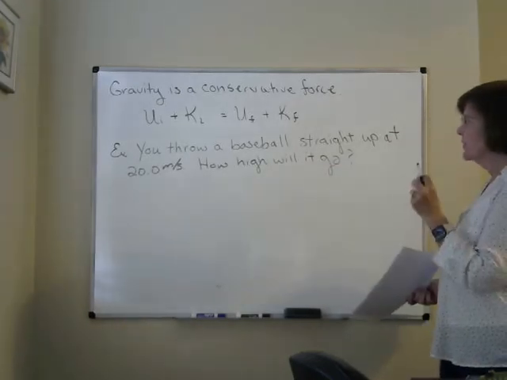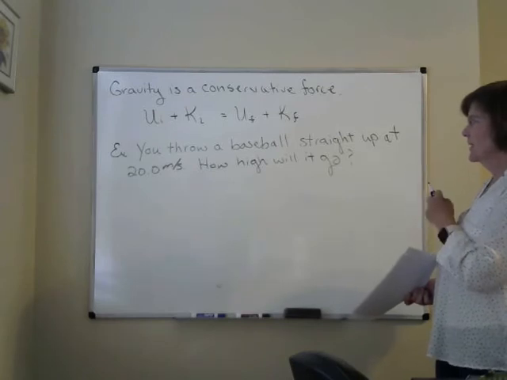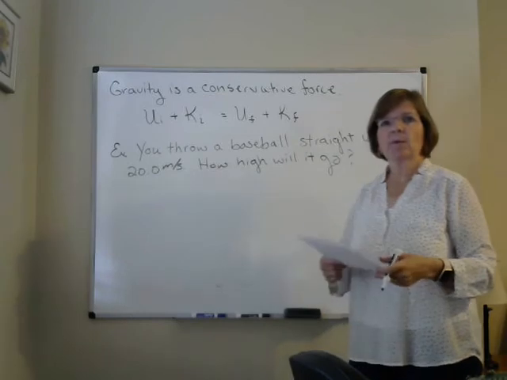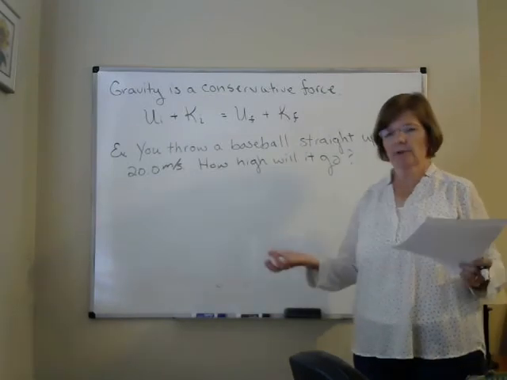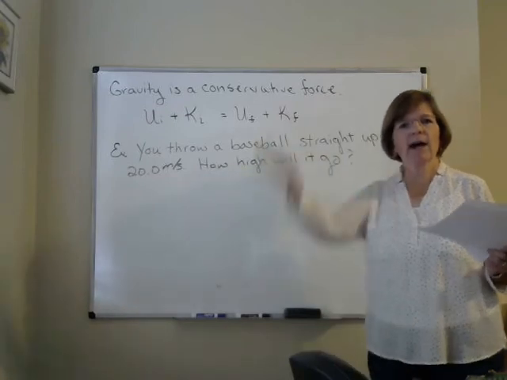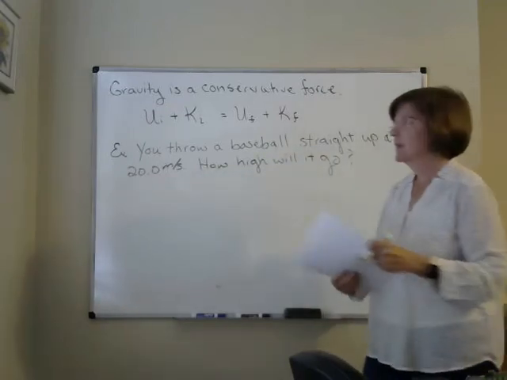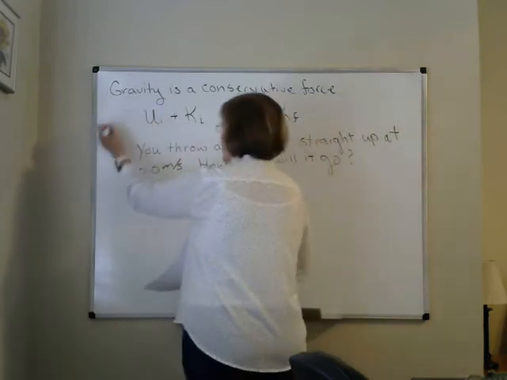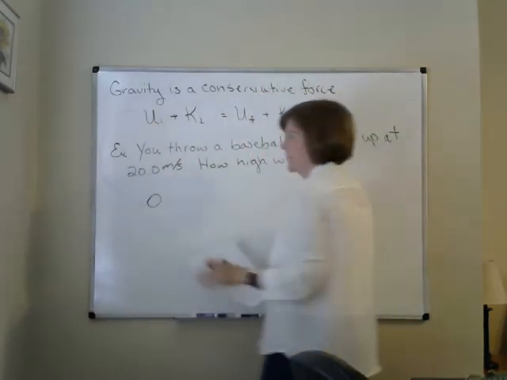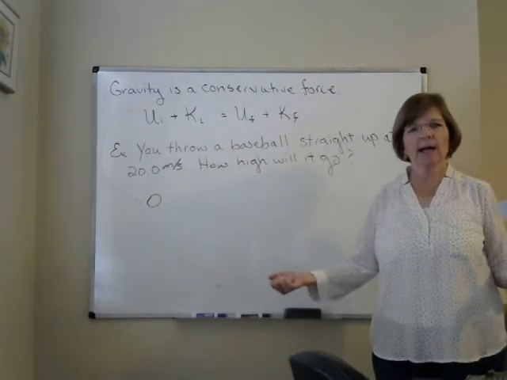If you throw a baseball straight up, let's assume, remember, we get to decide where the initial height is 0. So we're going to assume when it leaves my hand, that's an initial height of 0. And I just want to know how high above my hand it will go. The initial potential energy will be 0 because I'm going to say this starting height is h equals 0.